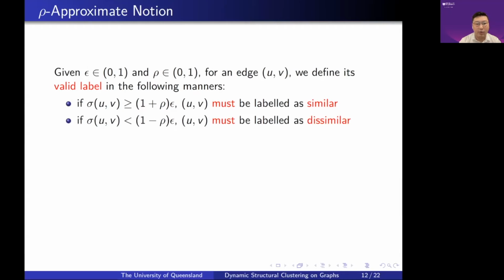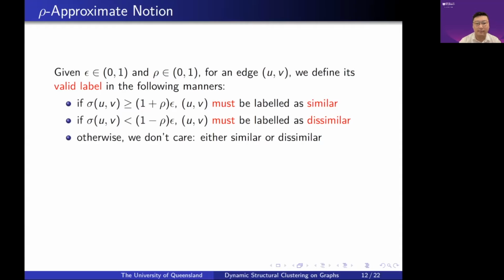And if sigma UV is smaller than (1 minus rho) times epsilon, it means that sigma UV is far smaller than epsilon, and then UV must be labeled as dissimilar. Otherwise, if sigma UV lies somewhere in between, it means that sigma UV is very close to epsilon. It falls into the don't care case. It can either be labeled as similar or dissimilar.